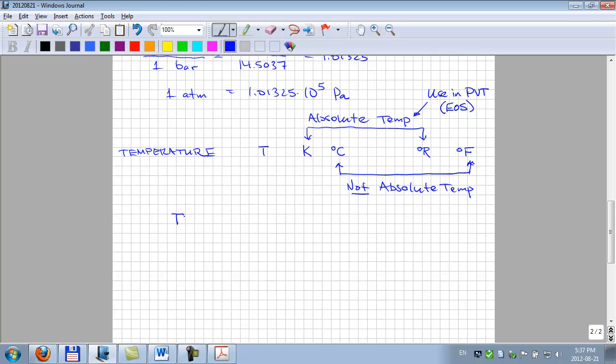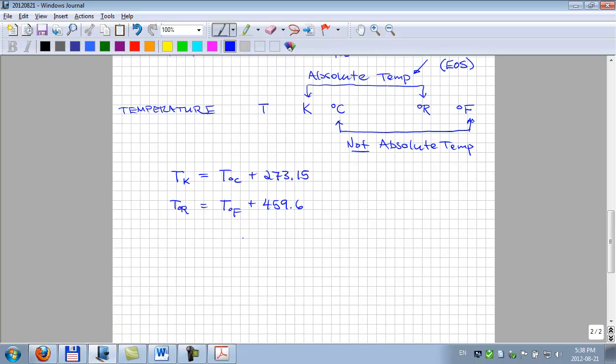And the conversion: Kelvin is equal to degrees C plus 273.15. Degrees Rankine is degrees Fahrenheit plus 459.67, I think. I don't remember all these digits.